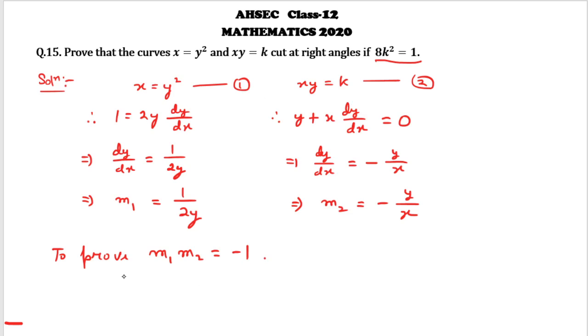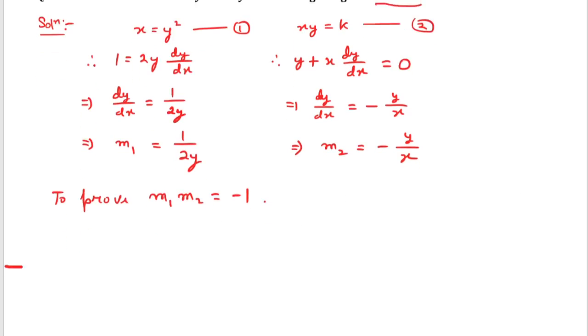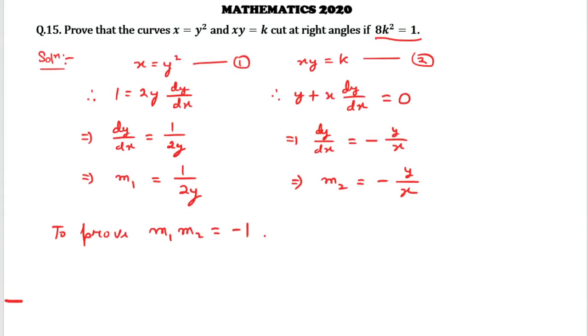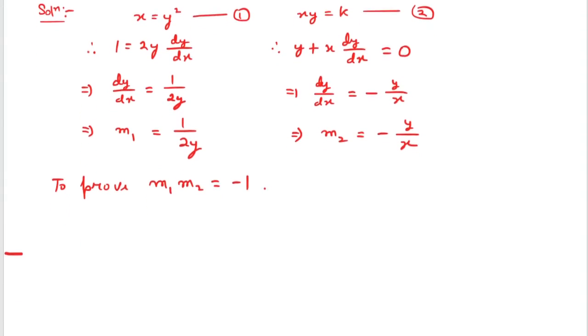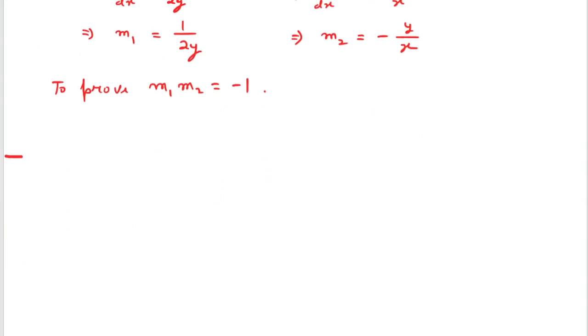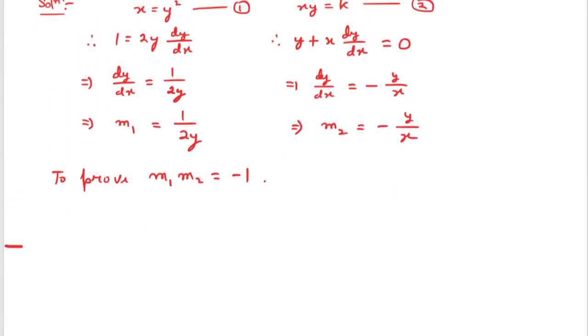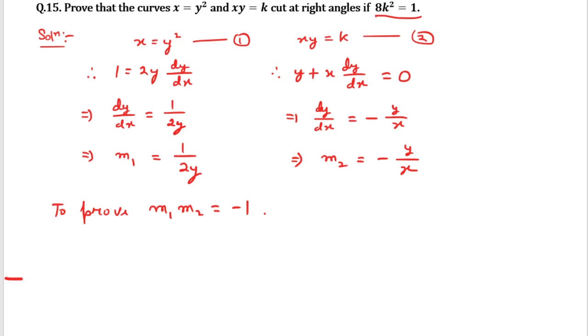Next, now we have to find the value of the slopes at the point where these two curves intersect each other. So in order to find the point of intersection of 1 and 2, let us solve these two equations.